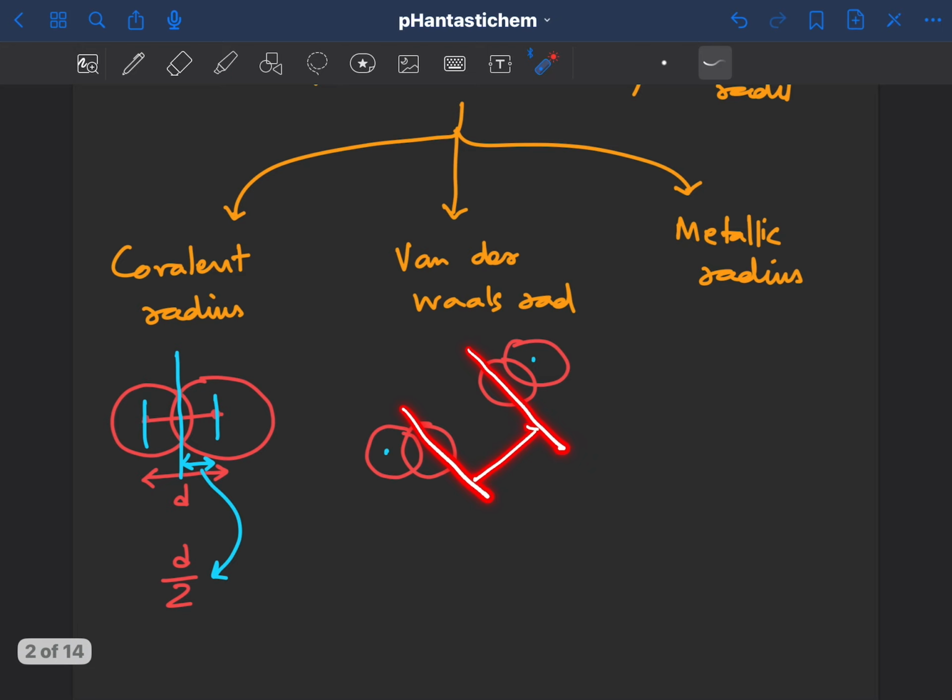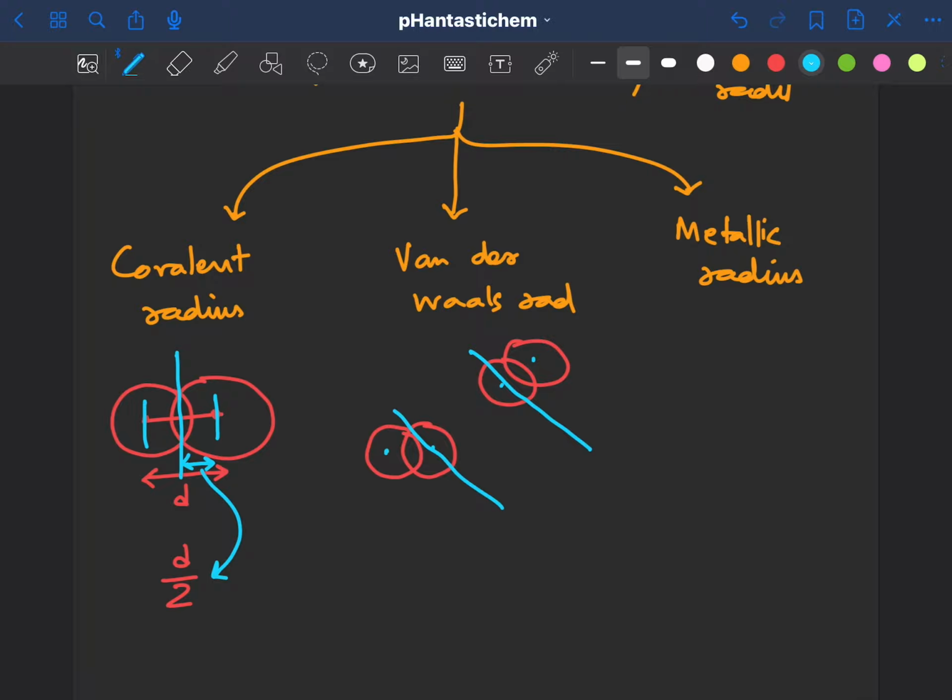This is the internuclear distance in the non-bonded state, and half of this distance will be the van der Waals radius when they are not bonded to each other. So this is going to be the van der Waals radius.